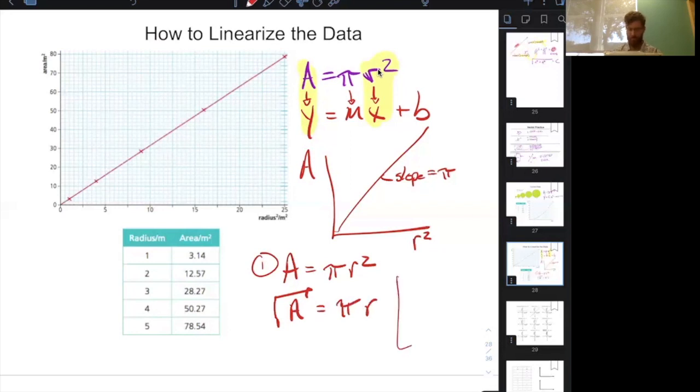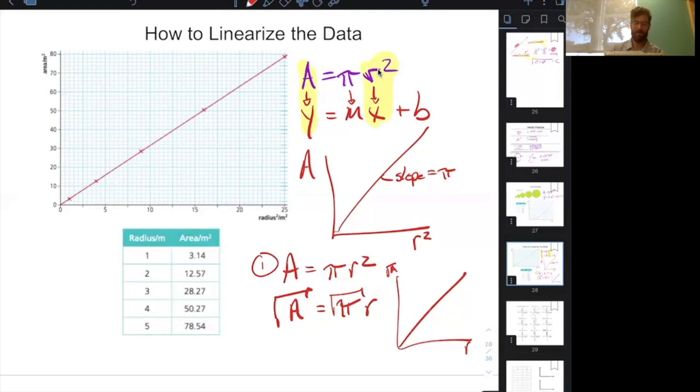If you were to graph the square root of A over r, you would also get a linear line. I know that for area, this particular method doesn't work very well, or it's a little bit more confusing, but for other equations, it works really, really well. We can modify the equation, or we can convert it to y is equal to mx plus b.